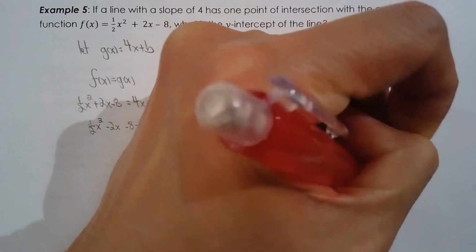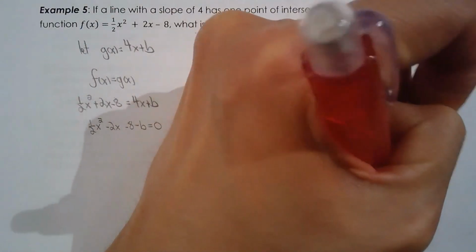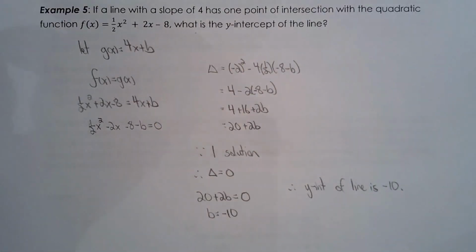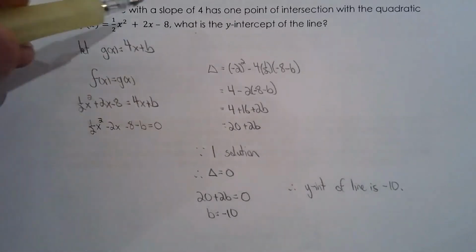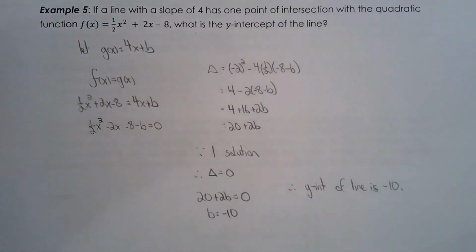Therefore, the y-intercept of the line is negative 10. And of course, you can sub it in and check. But the answer is negative 10, and that will give you 1 point of intersection between the line and the parabola.